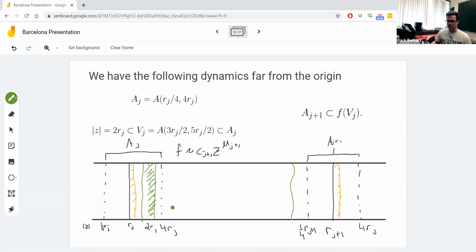And then this outermost boundary component is going to be mapped by f onto some Jordan curve, so that the disk determined by this Jordan curve contains the entire annulus Aj plus 1. And all of the zeros and all the critical points are forced to be in the interpolation region right here. So that means that this Vj, its image under f is going to swallow the entire annulus Aj plus 1.